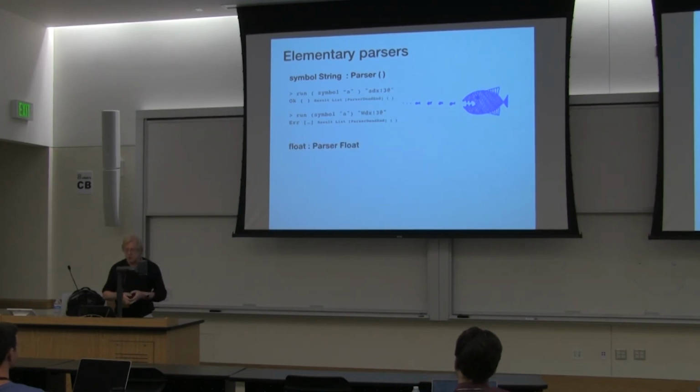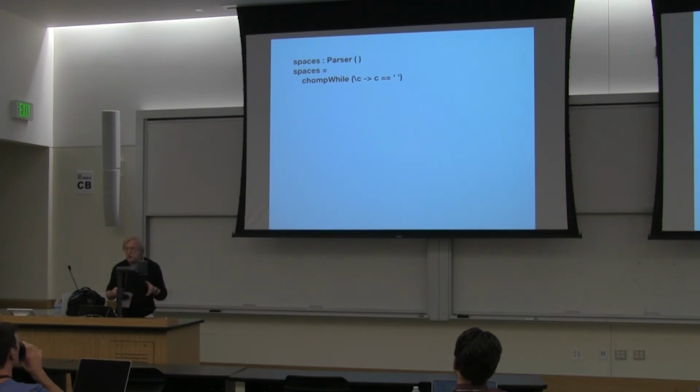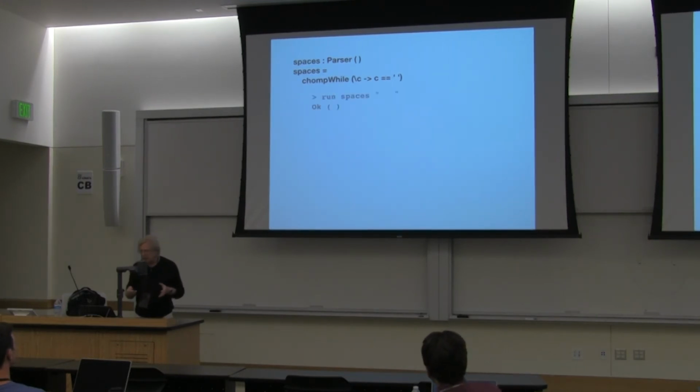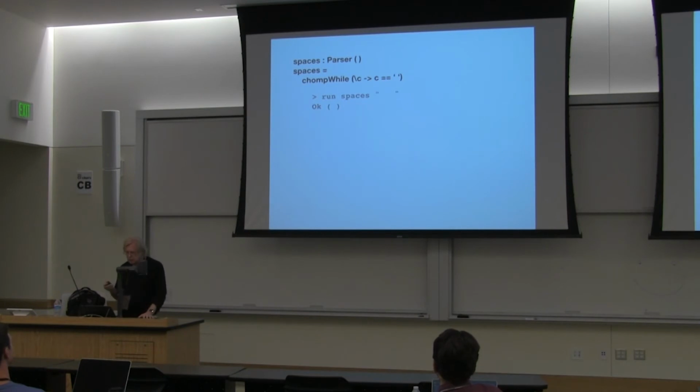Another useful parser is the float parser. If I run float on the string 1.2, sure enough, it returns a floating point number. The spaces parser just chomps away arbitrarily many spaces, including no spaces at all. So if I run it on that string, I get OK. The last elementary parser I'll introduce is the succeed parser. This is a weird one.